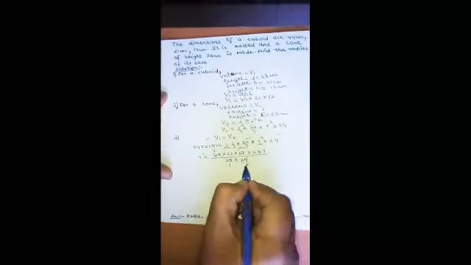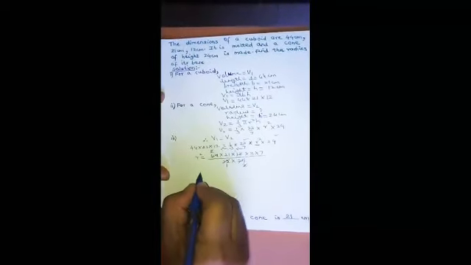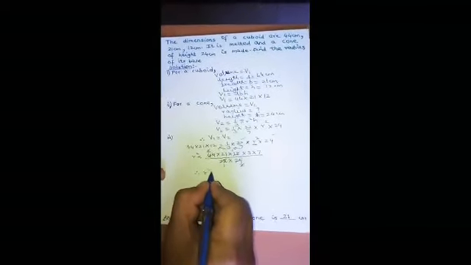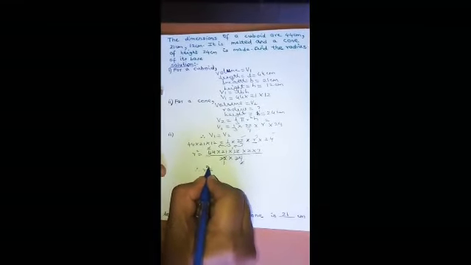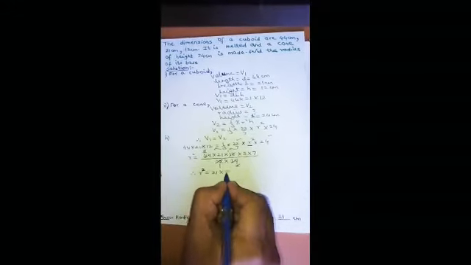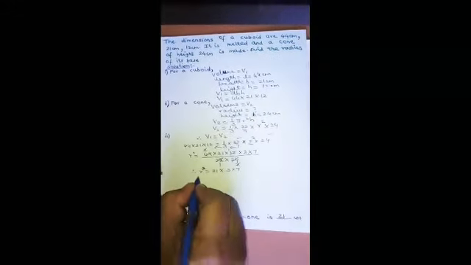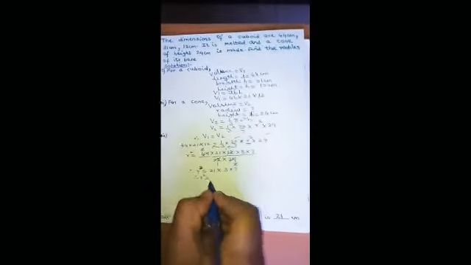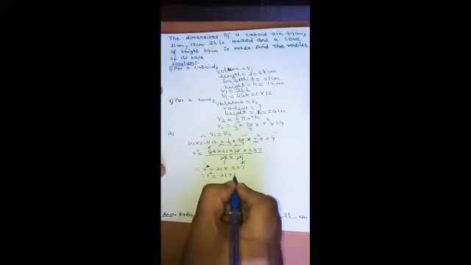This 2 and 2 will cancel. So we will get therefore r square equals to 21 into 3 into 7. So r square will be 21 into 21.